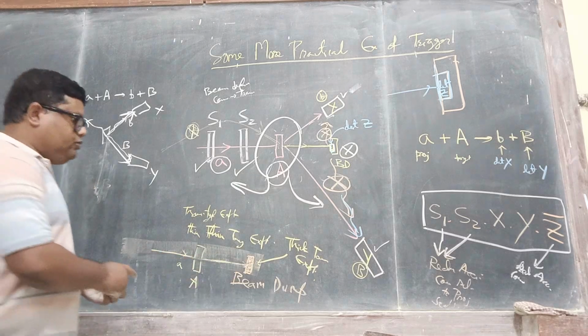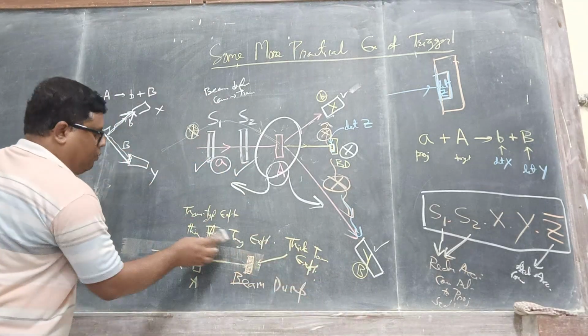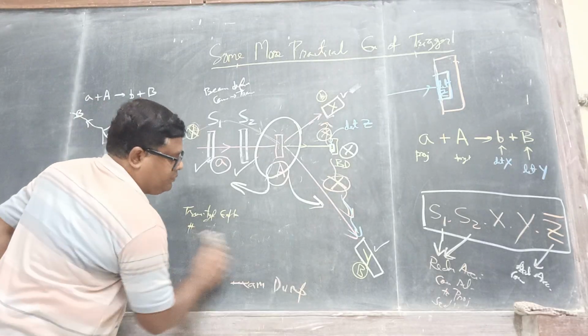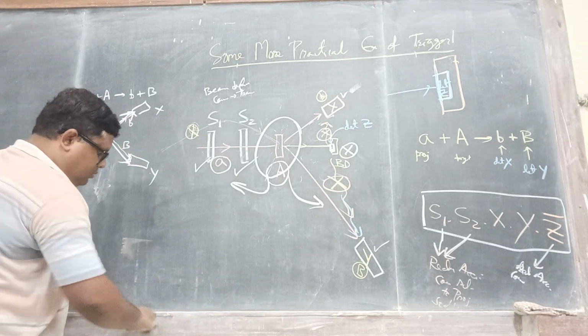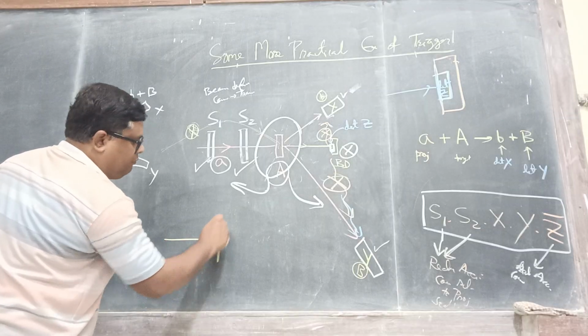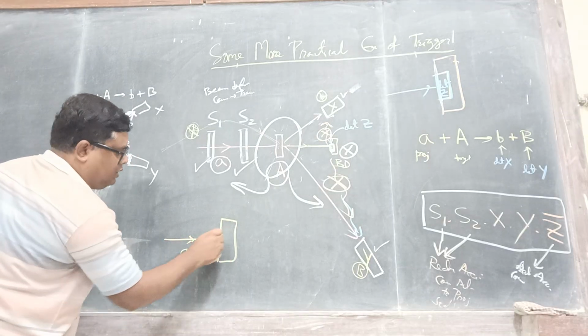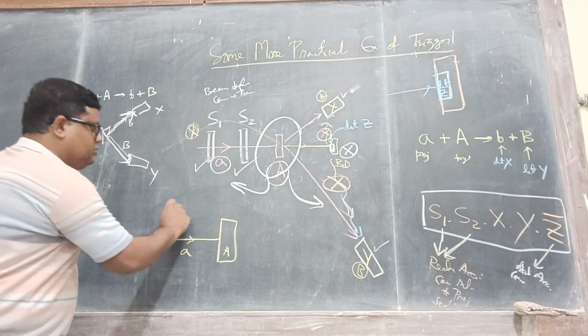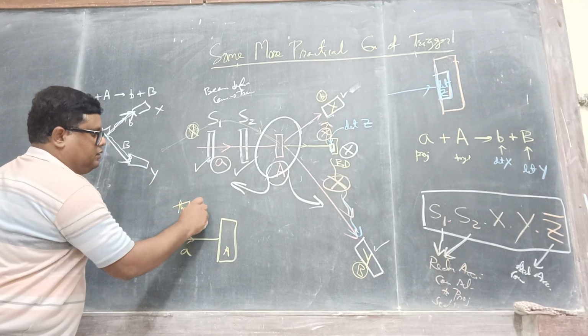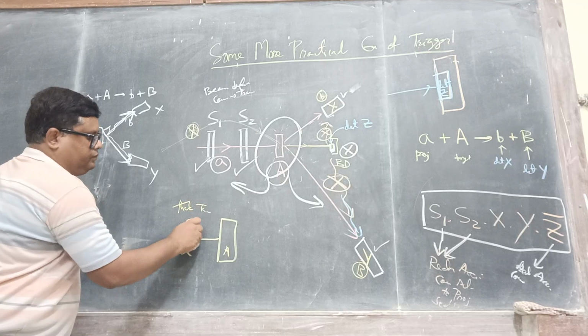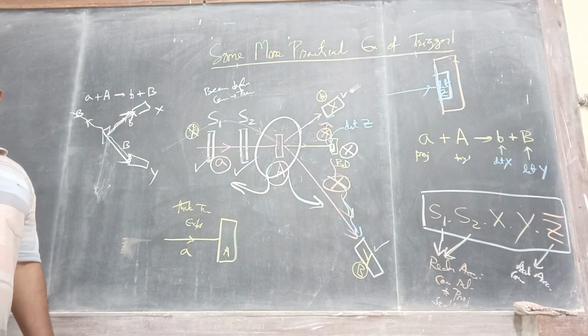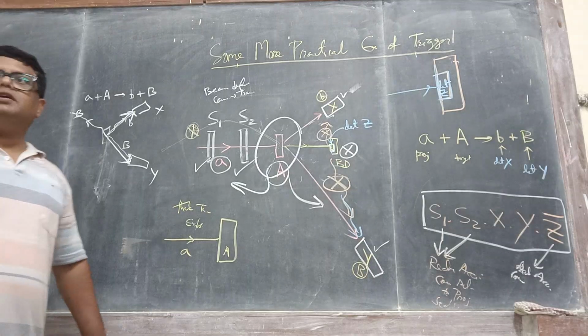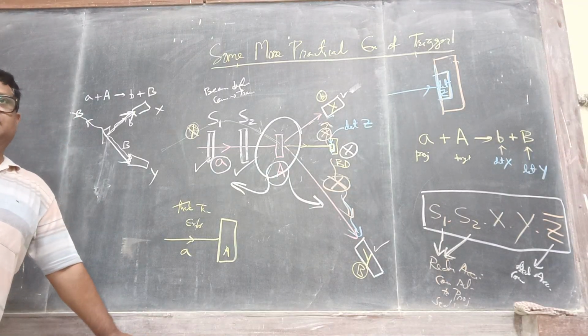In an actual thick target experiment, the beam, small a, falls on capital A and it is entirely stopped. So this is your thick target experiment. Okay. Now tell me, what is the difference between thick target and thin target?